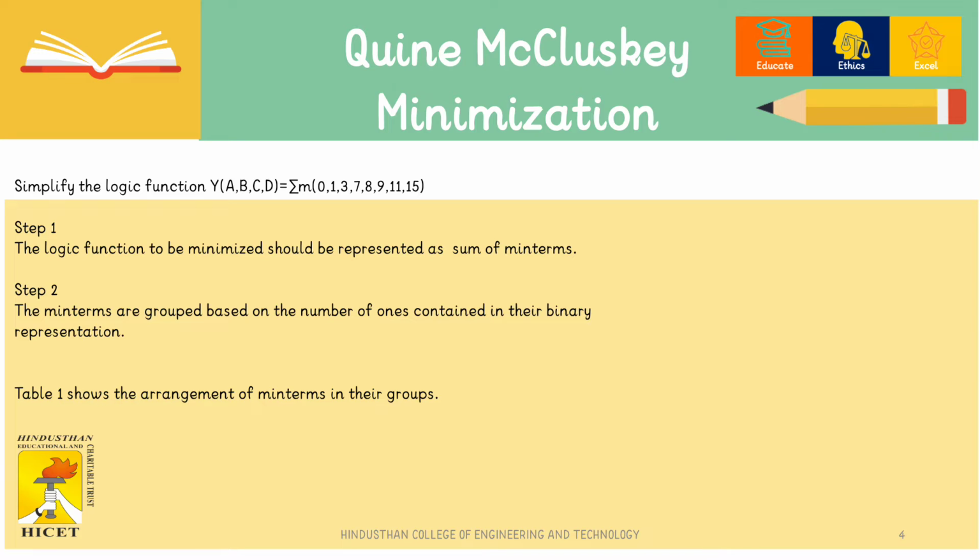The next step will be we have to find out the binary equivalent of each and every minterm and then group them according to the number of zeros available in their binary value. So that is given in table 1, which is shown in the next slide.